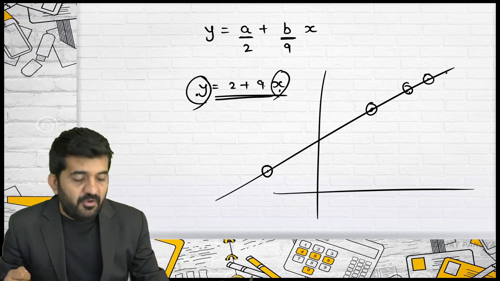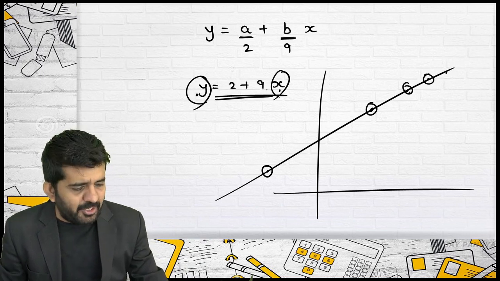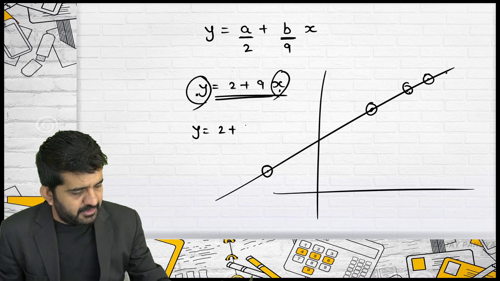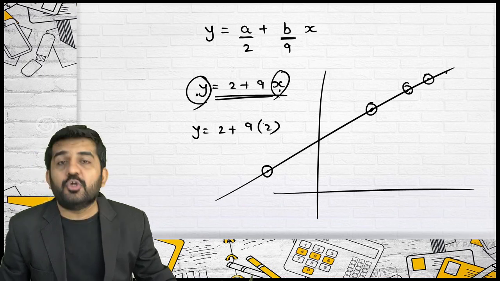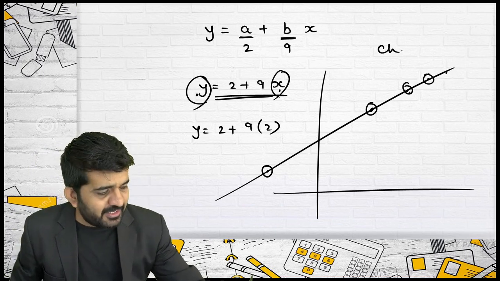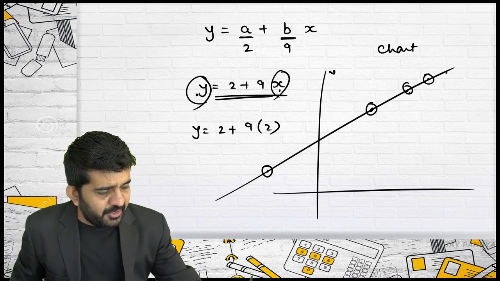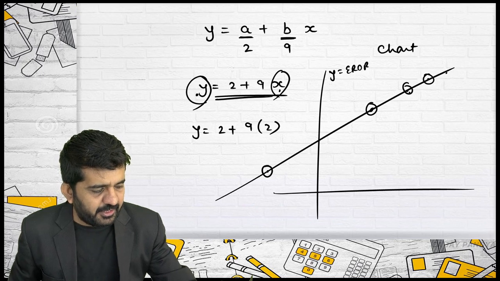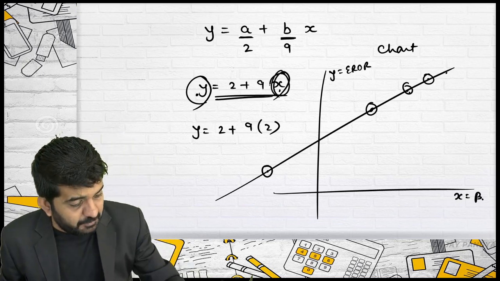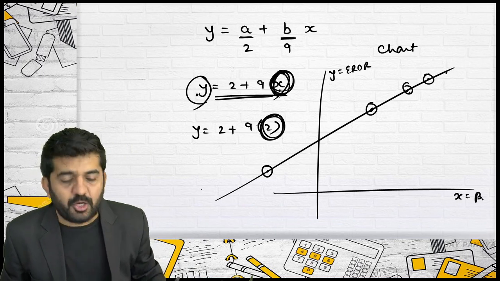So, whenever the line is taken, you cannot write this: y is equal to 2 plus 9 into 2. You should not write down the value of the x-axis. Whenever it is a characteristic line, here y is the expected rate of return and here x is beta. So, x is beta. You should not write down the beta value.